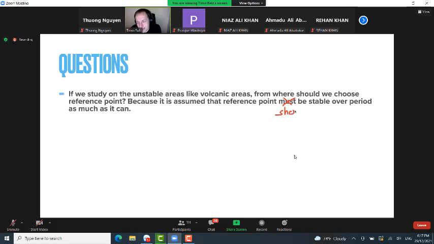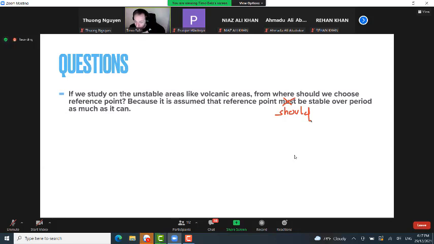Because it doesn't really matter if it's stable, in the sense that everything you are measuring is relative to that reference point. So if your reference point is moving, let's say your reference point is subsiding, going down 10 millimeters per year, then all your measurements will be relative to that reference point.